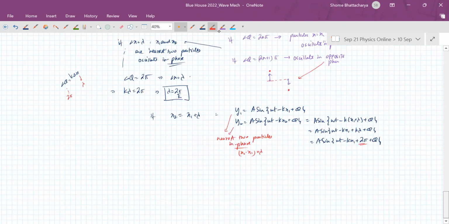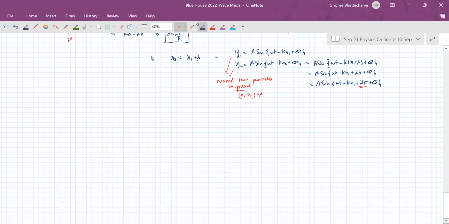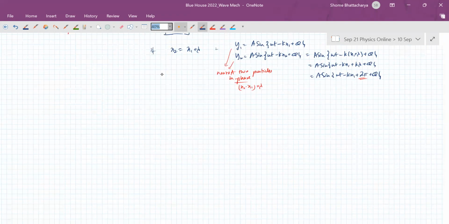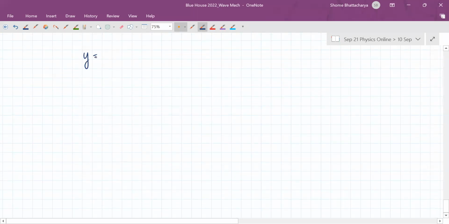Okay, so now we see that there is this important relationship between the constant k and wavelength. When we had seen the general equation of the wave earlier, we had related k only in terms of wave speed, propagation speed.